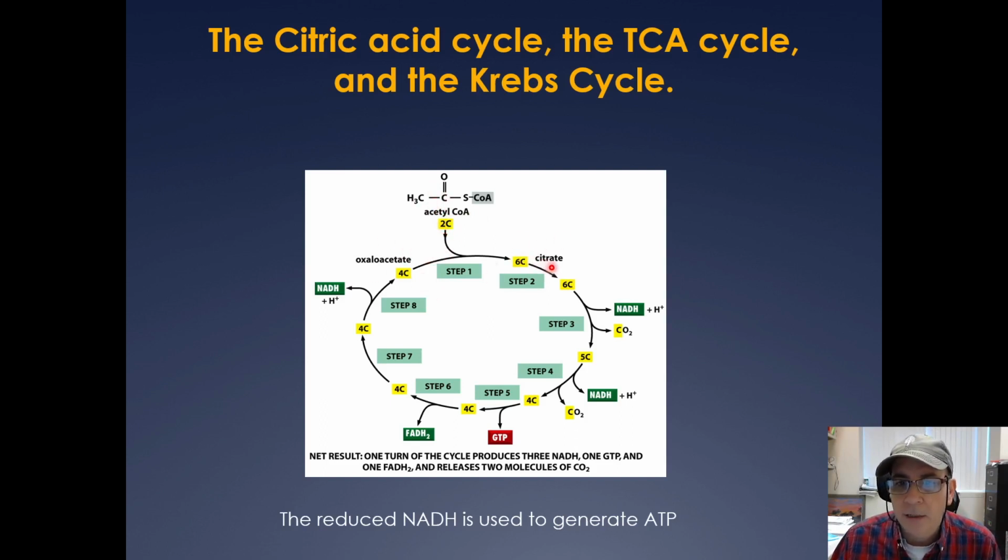As the cycle goes around, you're releasing reduced forms of NADH molecules and GTP, and also reduced FAD. And it's this reduced NADH that's used for the majority of the ATP synthesis that occurs in the cell.